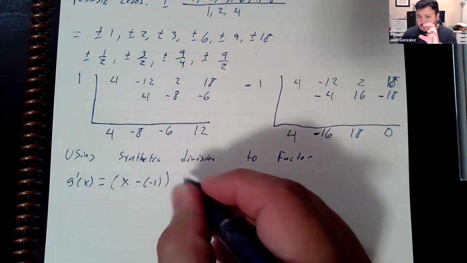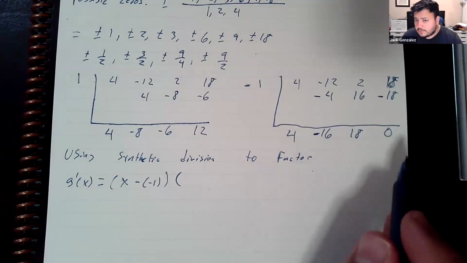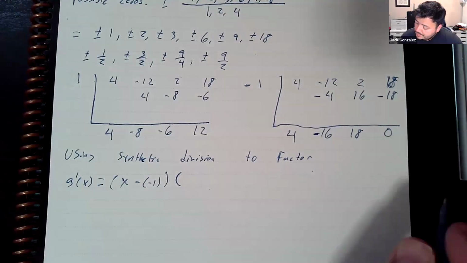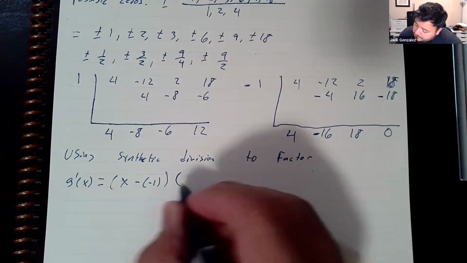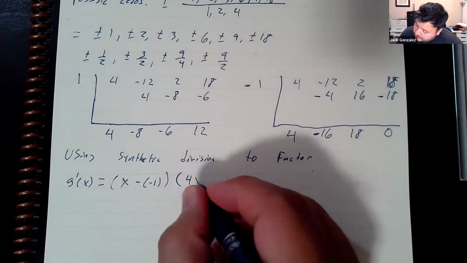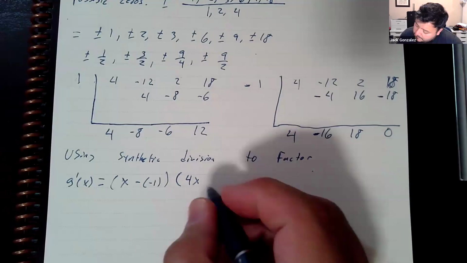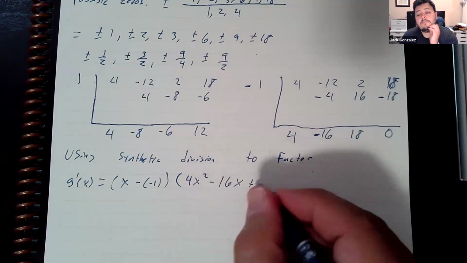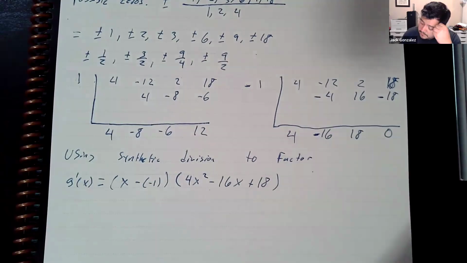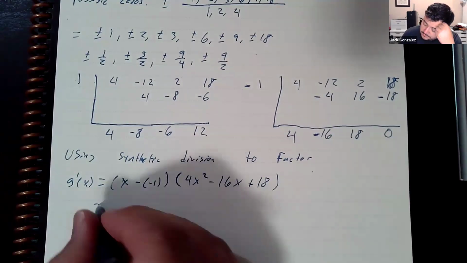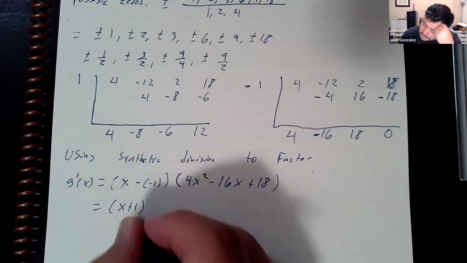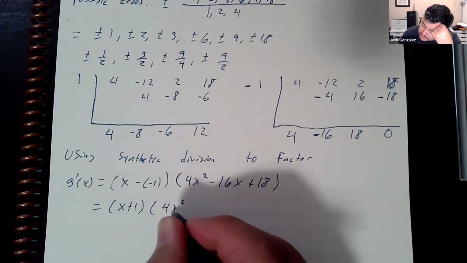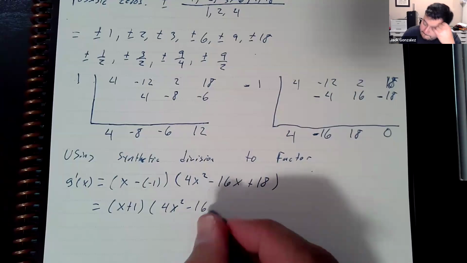So basically we pulled out a factor from the entire thing. So that'll be 4x. We started with a cube, so now we have a square. So this is x plus 1 times 4x squared minus 16x plus 18.